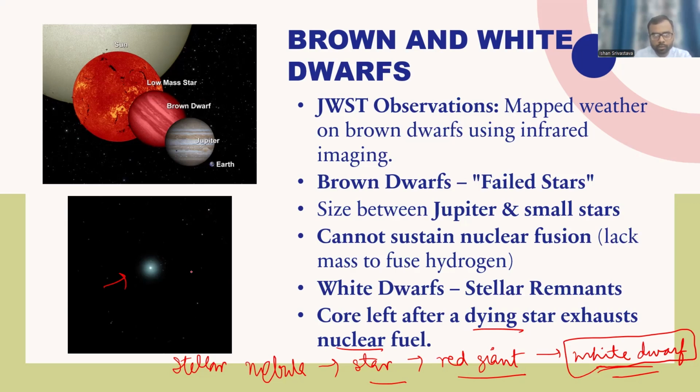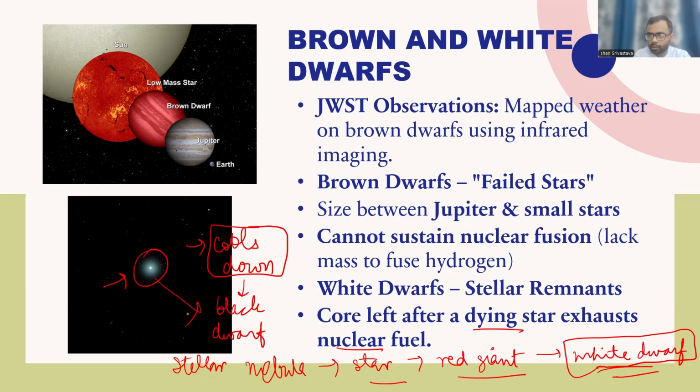Now a white dwarf star slowly cools down, and it becomes a black dwarf. But we haven't found a black dwarf yet. The reason is that the time it takes to cool down a white dwarf star to a black dwarf star is longer than the age of the universe.